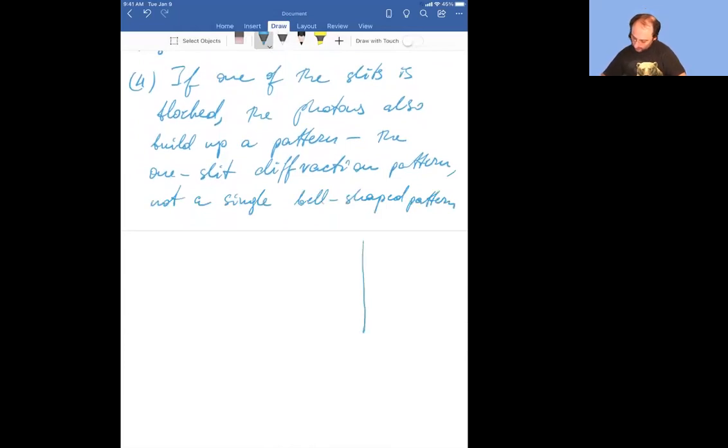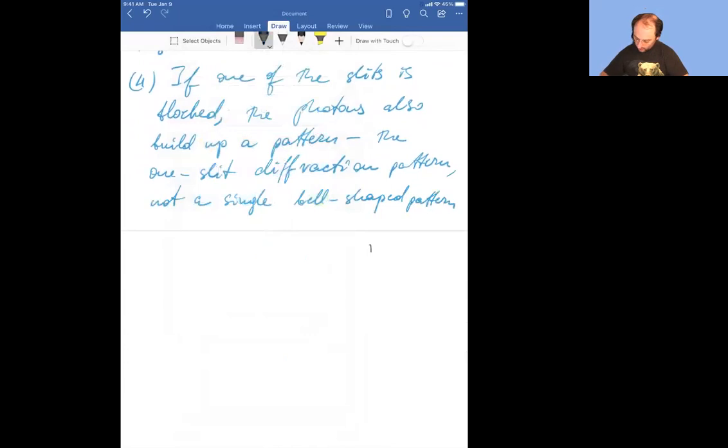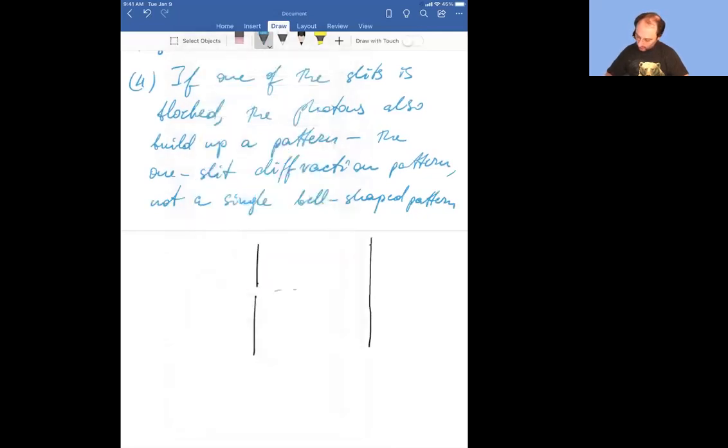So this is a screen. This is one slit. We cover the other one. And so what we actually get is not a bell-shaped curve, but a bell-shaped curve with fringes. It corresponds to single slit diffraction.